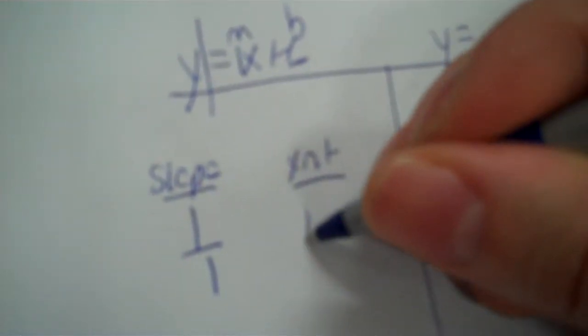So the slope is 1 over 1, and the y-intercept is plus 6. So on my y-axis, I go 1, 2, 3, 4, 5, 6. And from there, I go up 1, forward 1. Then I take a straight edge or whatever and graph the equation.